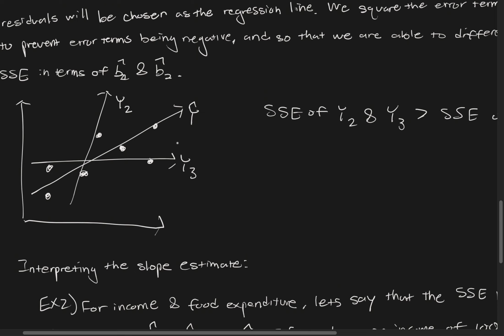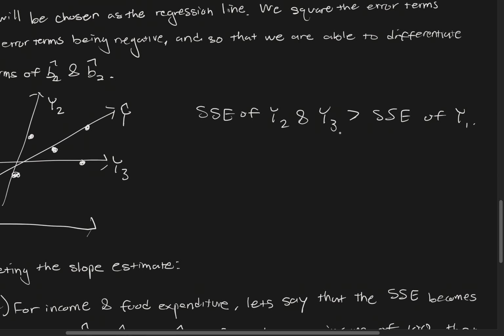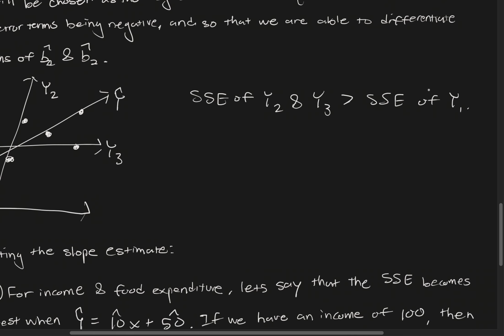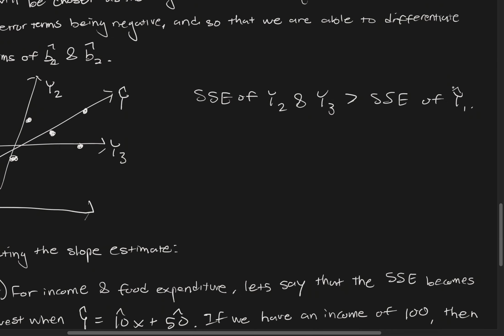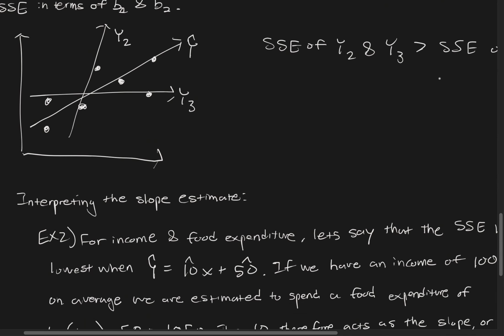Our beta 1 and beta 2 for y2 and y3 are not going to be as accurate. And therefore, the sum of squared errors for y2 and y3 will most likely be greater than the y hat value of the function that minimizes the SSE.